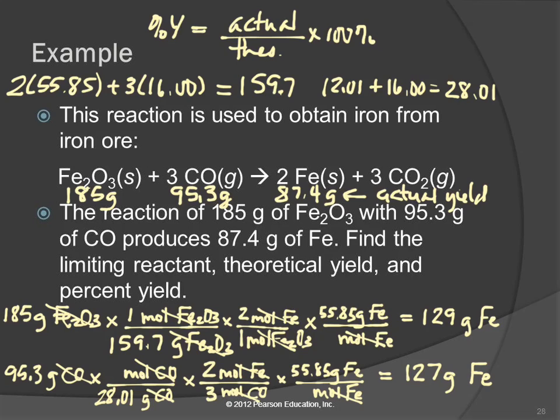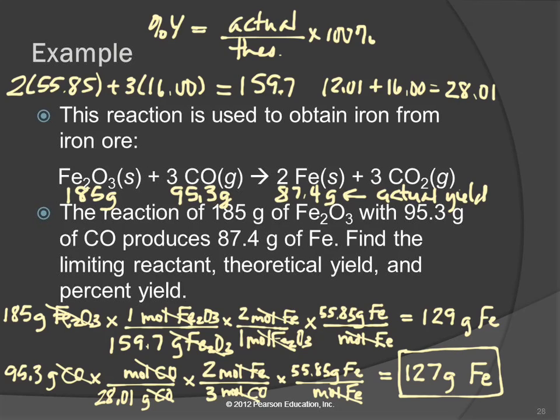So which one is my theoretical yield? Not the 129. 127. It's the smaller. Right, we think well, theoretical, that's the maximum, right? But it's the maximum given these amounts that we have. And so when you reach the smallest one, that's when one of the reactants has run out. So it stops. So it's the smaller one.